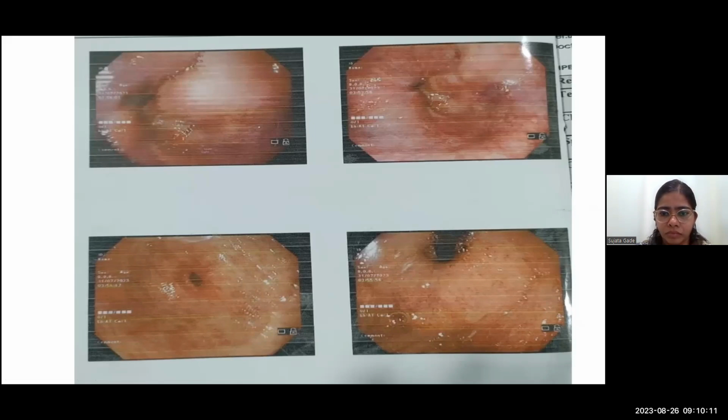Actually, what happens is when there is a thickening at the GE junction, immediately the endoscopist starts thinking it is a GE junction tumor. That is the mistake which has happened in your case also. It is the stomach tumor extending into the GE junction, not the GE junction extending into the stomach. And also, when you have a diffuse thickening of the stomach like this, as Dr. Rajendra was saying, two things should immediately come to your mind.